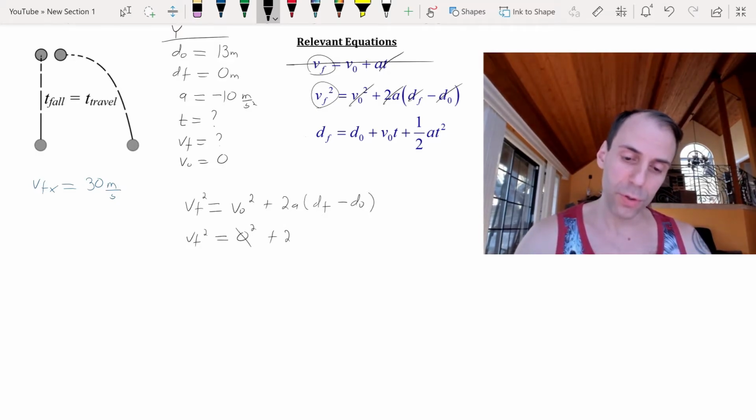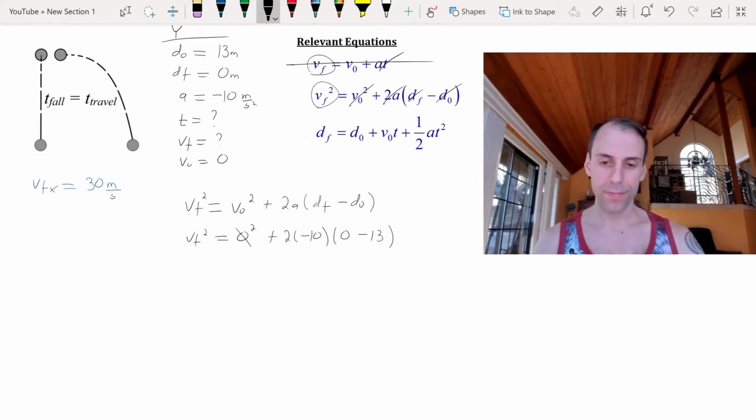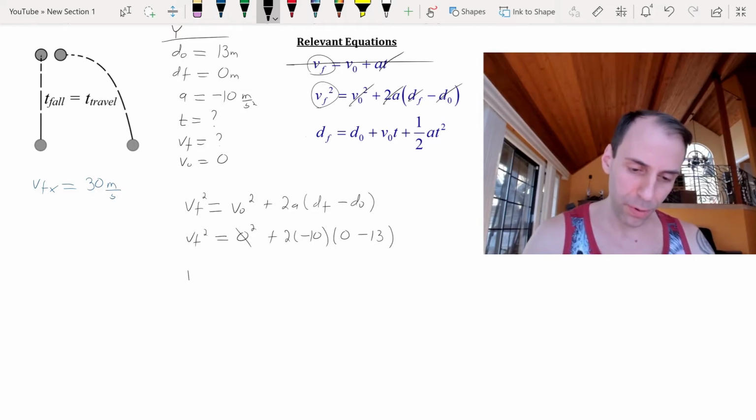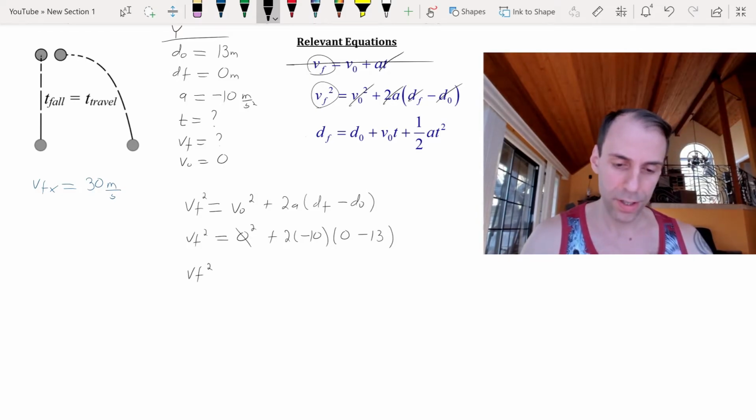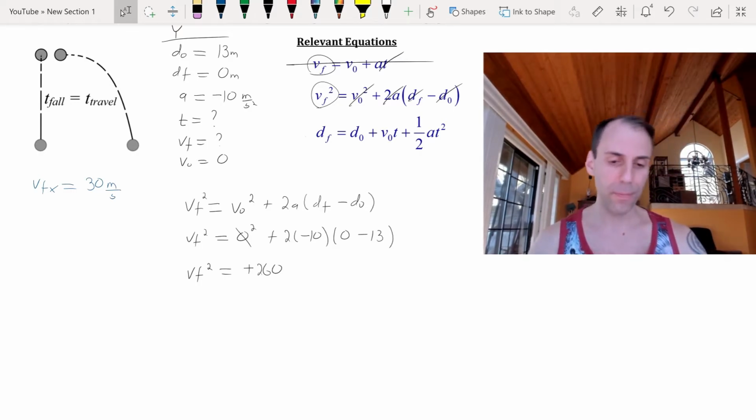Plus 2 times the acceleration, which is negative 10. D final is 0. D initial is 13. And now we just do some simple algebra here. V final squared is equal to 2 times negative 10 times negative 13, which is positive 260.